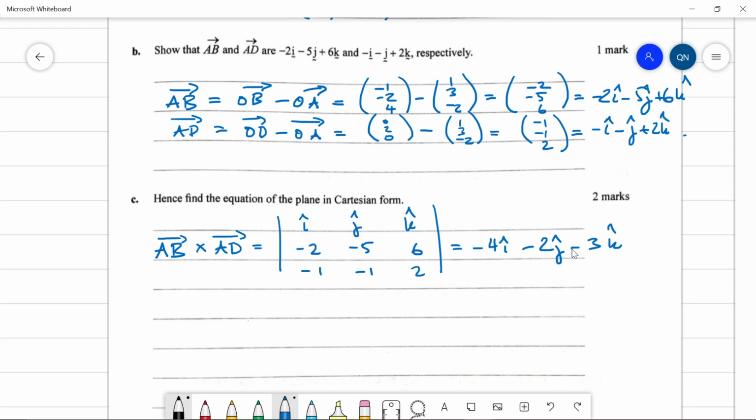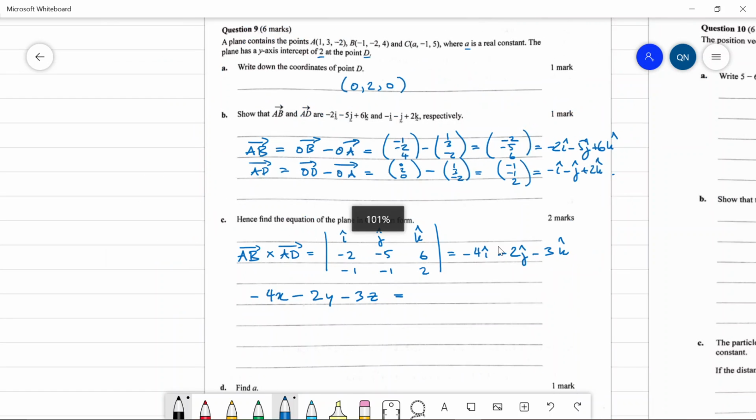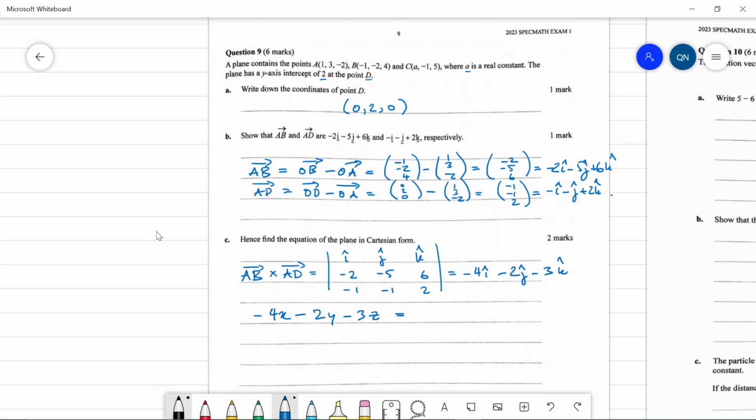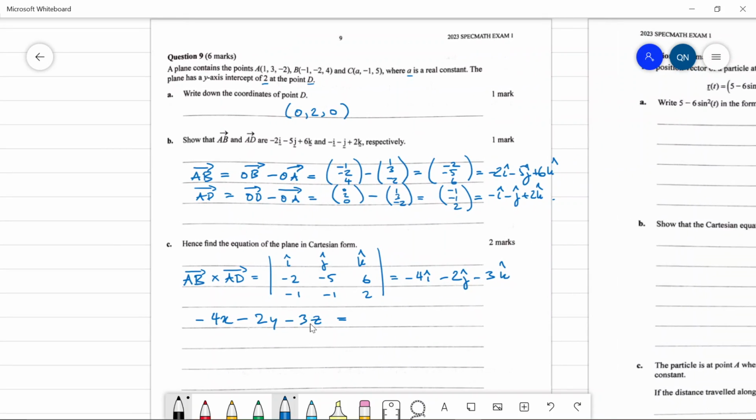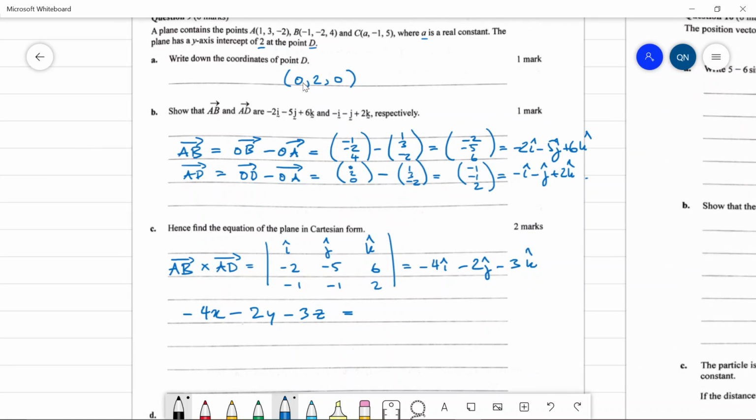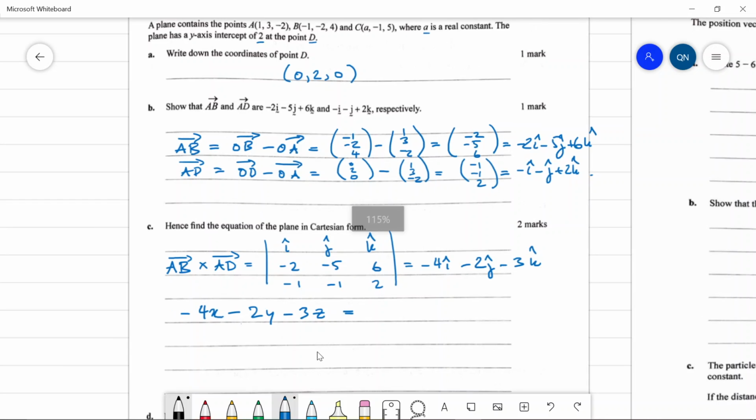so you're going to get an equation that looks like, what was it? It was going to be minus 4x minus 2y minus 3z. And now I forgot how to get the constants. There's probably a nice fast way, which I completely forgot how to do. I think you just got to sub in one of the points here. So let's plug in 1, 3, -2. Or actually, let's plug in 0, 2, 0, because that's simple.